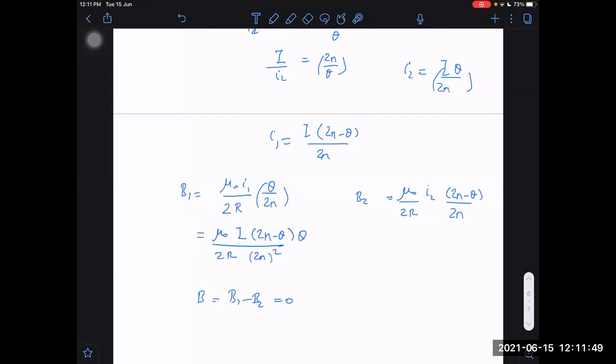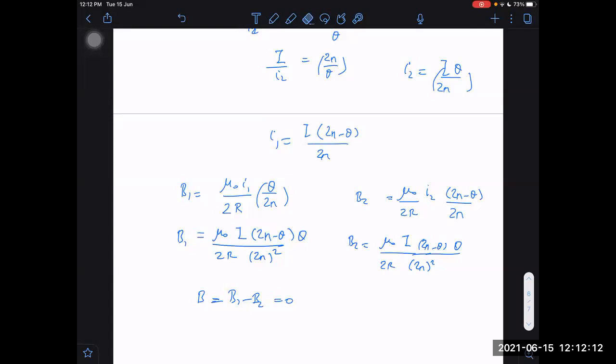Now tell me, are B1 and B2 the same or not finally? Sir, B net is zero, so it is independent of theta, whatever we take. Yes, whatever theta we take, it will always come out to be zero. Because B1 and B2 values are both coming out the same, it will always be independent.